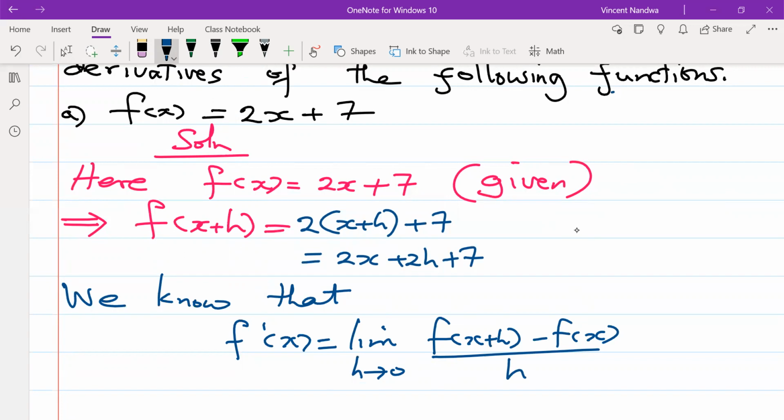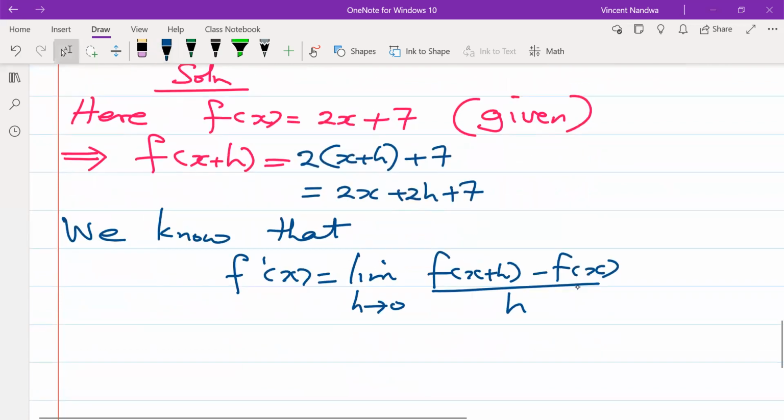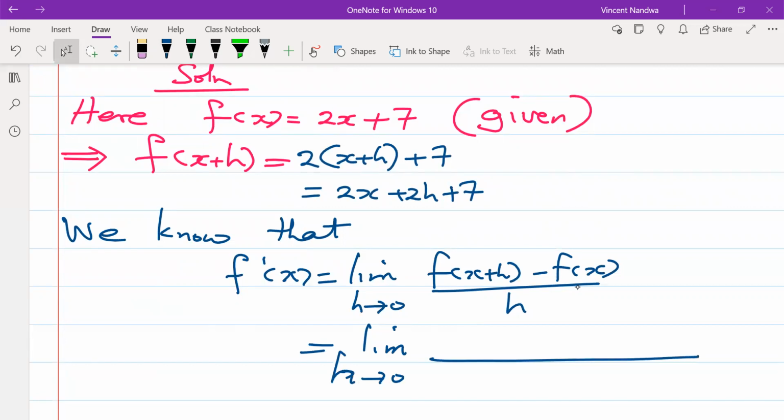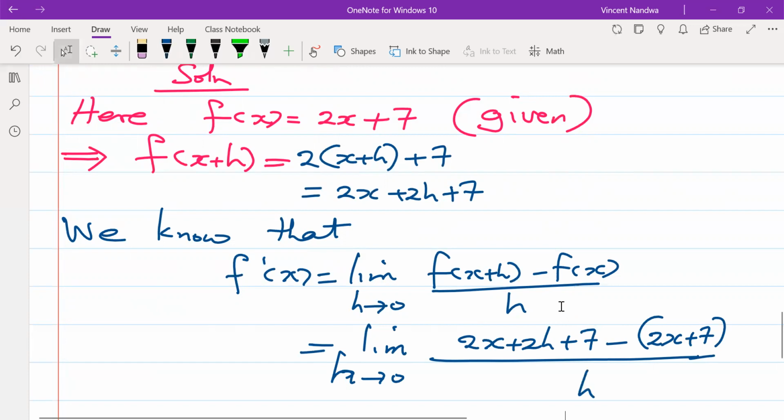Then simplify things here and there, and then carry out the limit. So this will be the limit as h approaches 0, where this f of x plus h, you put 2x plus 2h plus 7. You subtract where there's f of x, 2x plus 7. Remember to use brackets so that you don't mistake the signs. It's one number here, one thing.